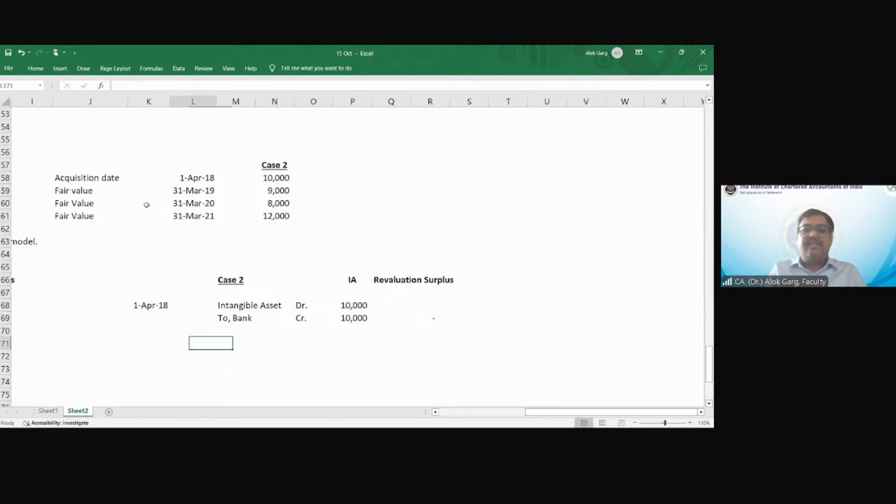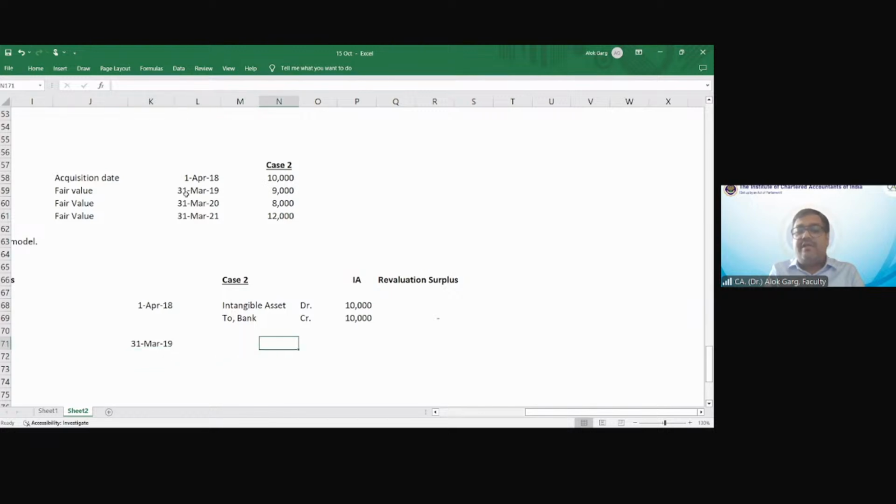Okay, what is the next entry on 31st March 2019? This 10,000 becomes 9,000. So we are discussing a different case. Now at the first time after acquisition, the value has gone down. P&L account, sir. Impairment loss debit. I'm ignoring the concept of amortization right now.